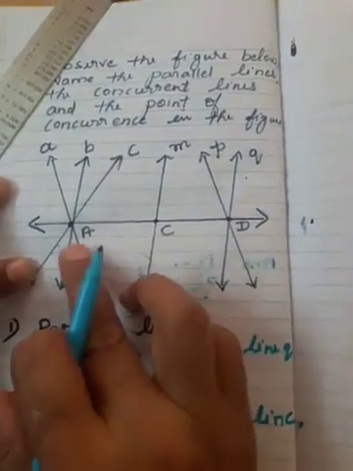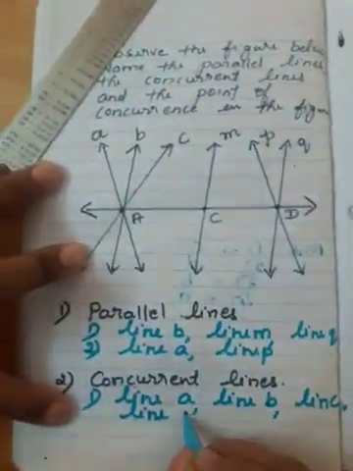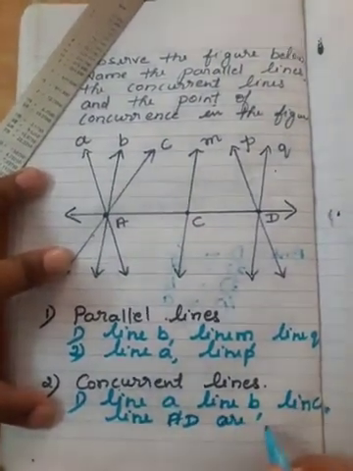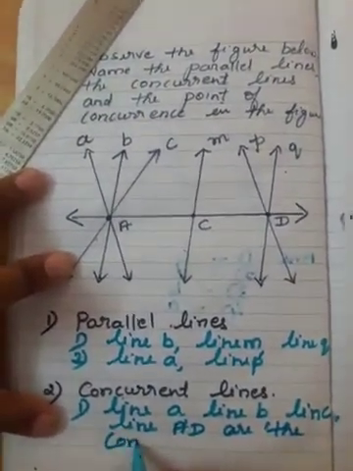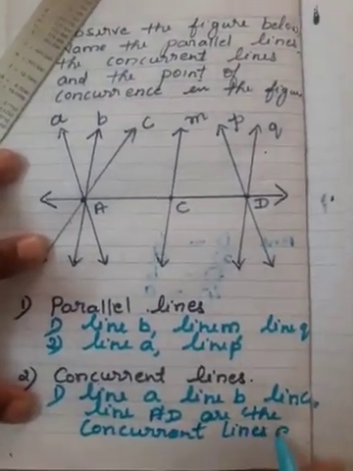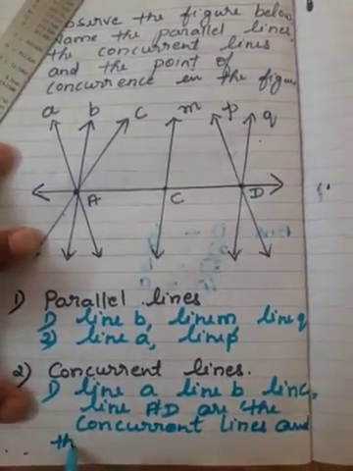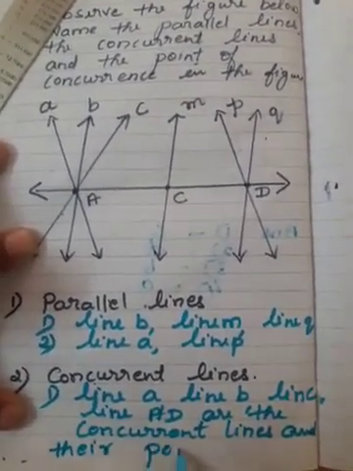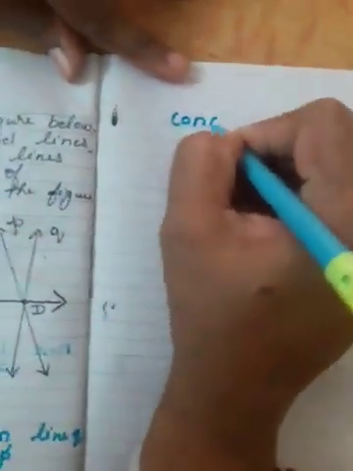AD also you can write, or you can name this as AC also. Their point of concurrence is point A.